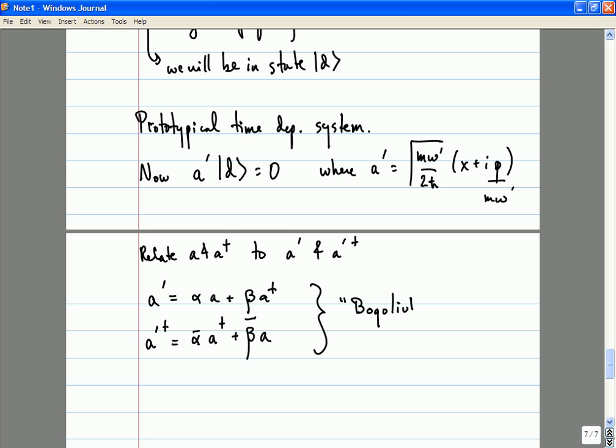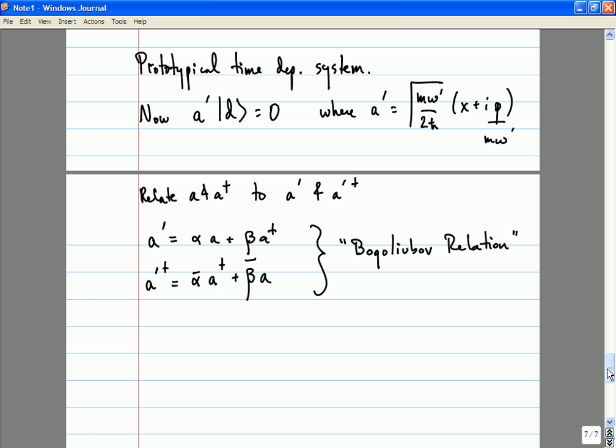The relationship between the raising and lowering operators for harmonic oscillators at different frequencies are known as Bogoliubov relations. And in the present case, it's easy enough to compute exactly what alpha and beta are. How would you go ahead and do that? For example, for this first equation, just take the definition of X in terms of A and A dagger. X is the square root of H bar over 2M omega times A plus A dagger. That's just the definition.